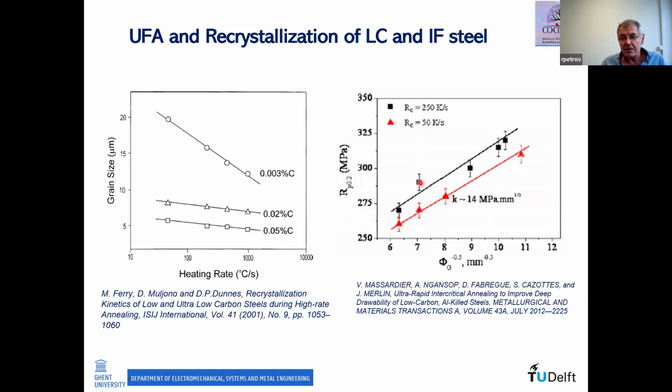And as you can see here, for example, if you have small grain diameters, which can be obtained with different heating rates, 50 per second and 250 Kelvin per second, obviously the contribution to the yield strength is visible in this work. This is the work of Valérie Massardière and Damien Fabrègue from the University of Lyon, published years ago.